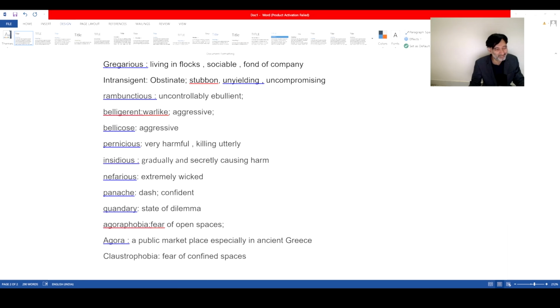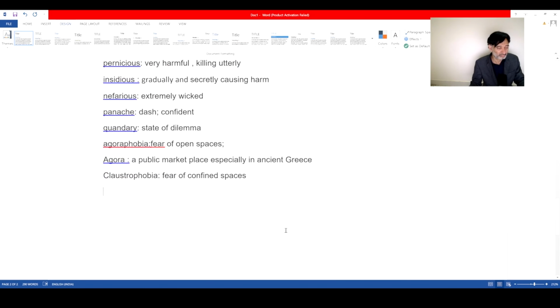Acrophobia. I'm in a mood to deal with phobias maybe. What is acrophobia? Acrophobia is fear of heights. Let me write down the word. Acrophobia is fear of heights.